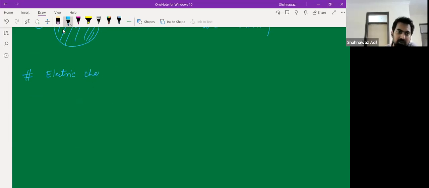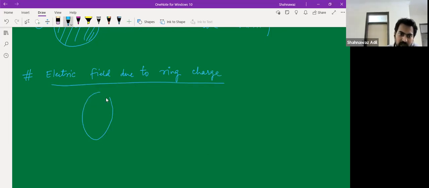Electric field due to a ring charge. So this is some ring, right? And there is this small charge element dq. This is the radius of this ring, and we are calculating the electric field at this point.